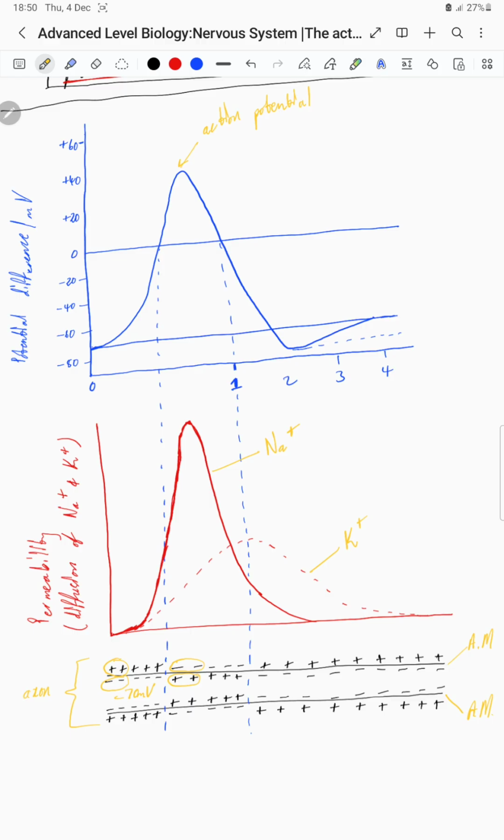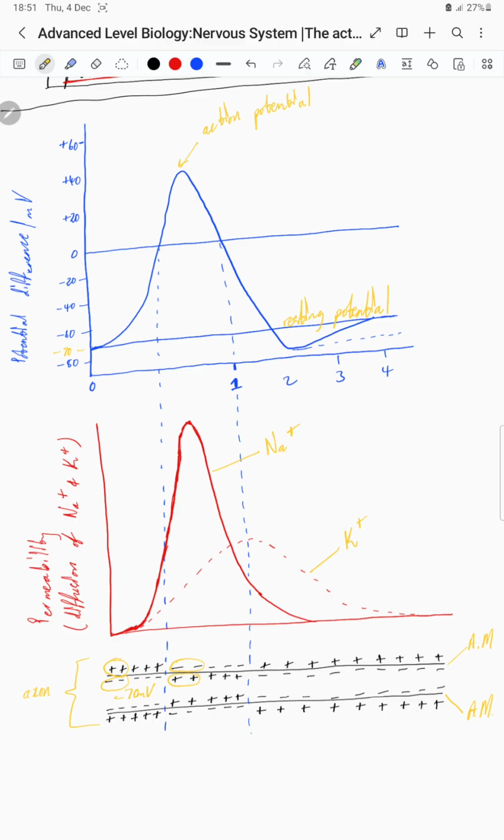And then on the line just above the line with the numbers on the blue graph, we have the resting potential. You can see it is at minus 70 here.